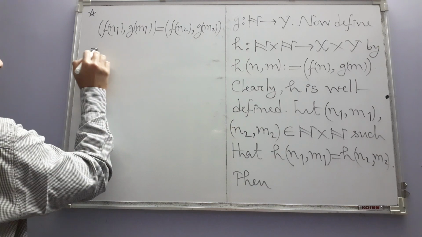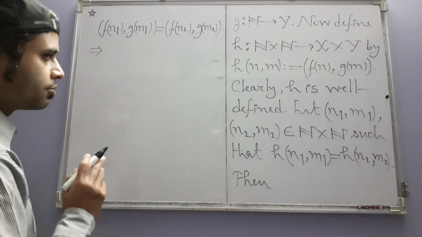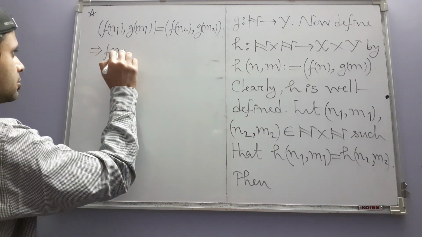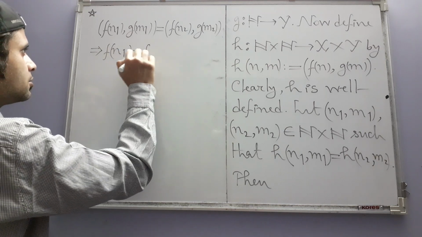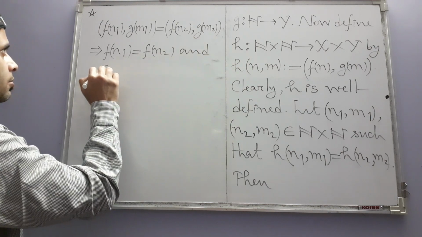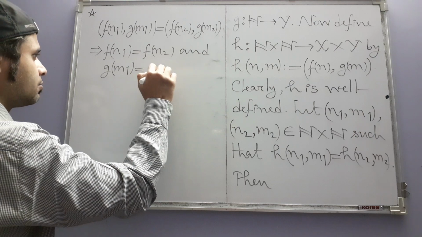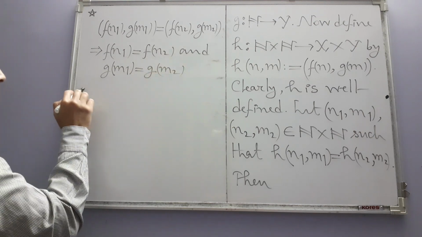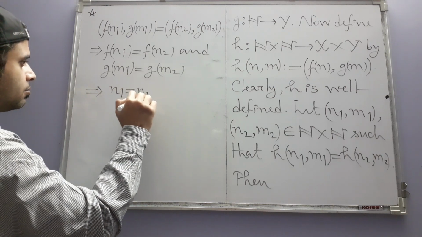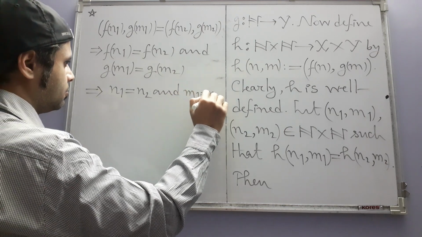Okay, this implies what? Two ordered pairs are equal if and only if their corresponding coordinates are equal. That means f of n1 is equal to f of n2 and g of m1 is equal to g of m2, and this implies n1 is equal to n2 and m1 is equal to m2.